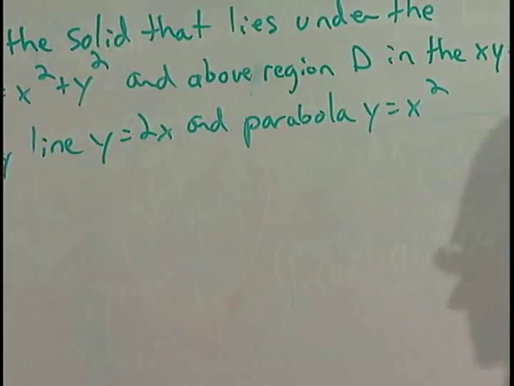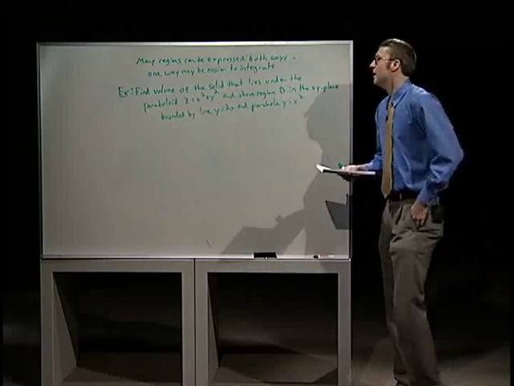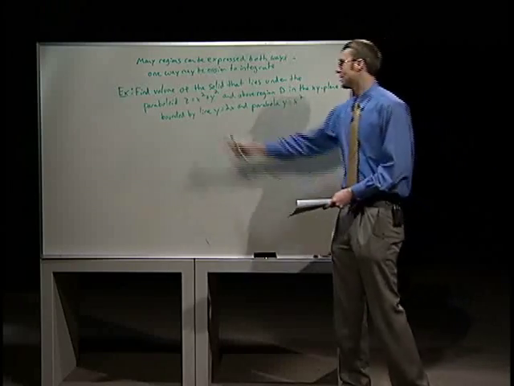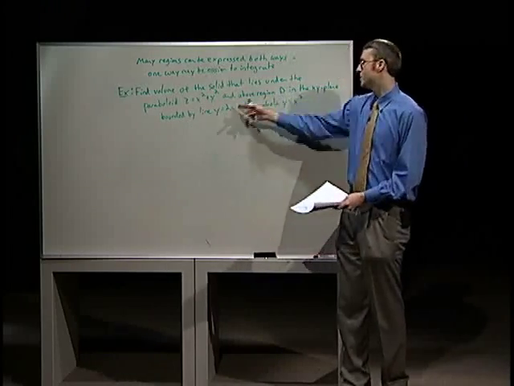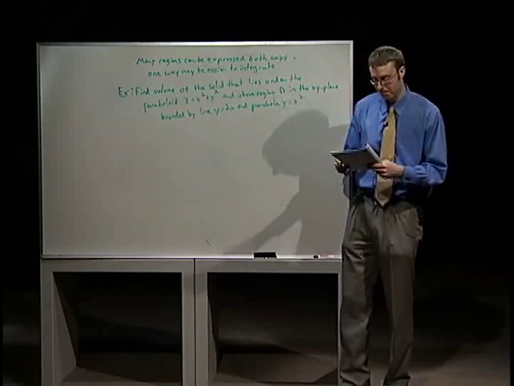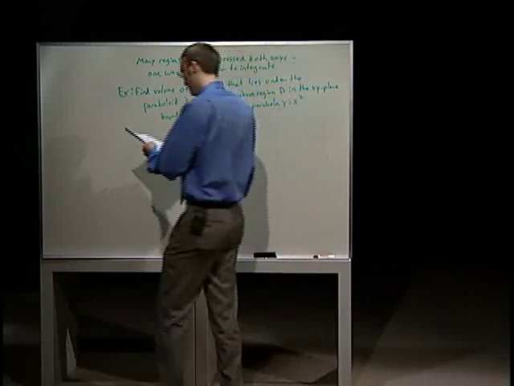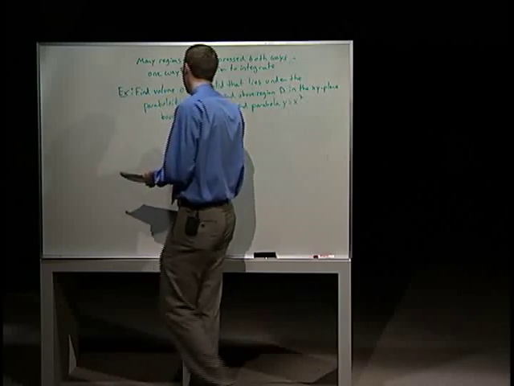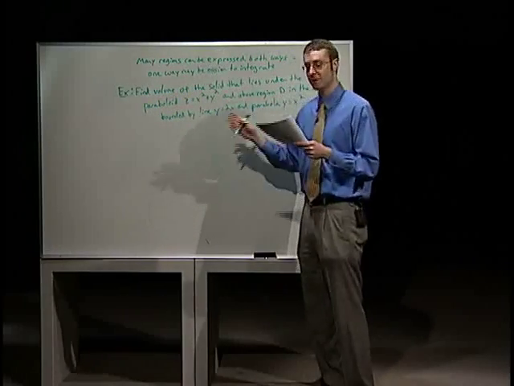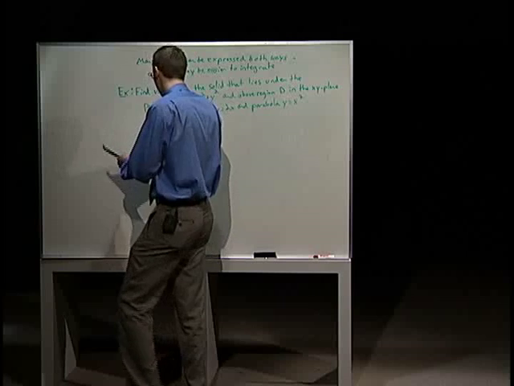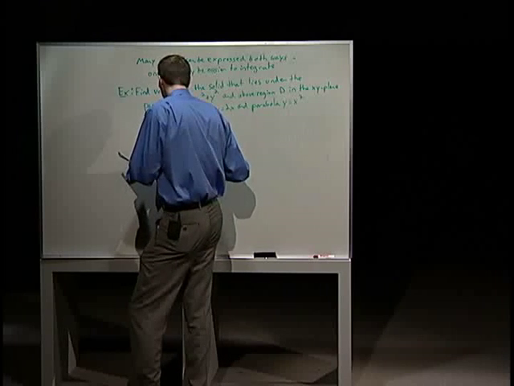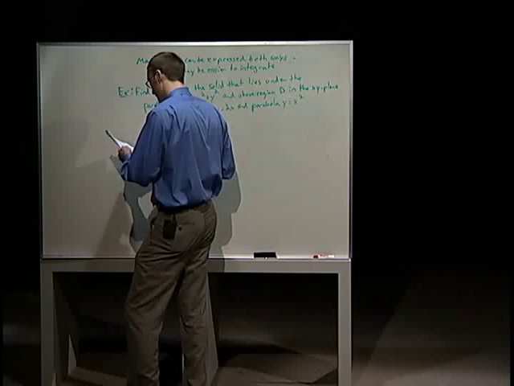So I want to find the volume of the solid. Finding the volume means integrating this function over the region we are restricted to. Again, this is one of those where you can interpret it as either a type 1 or a type 2. Let's do it as a type 1 first.